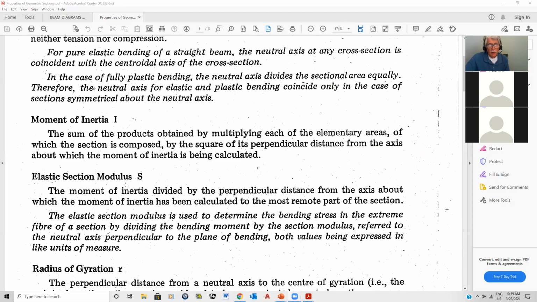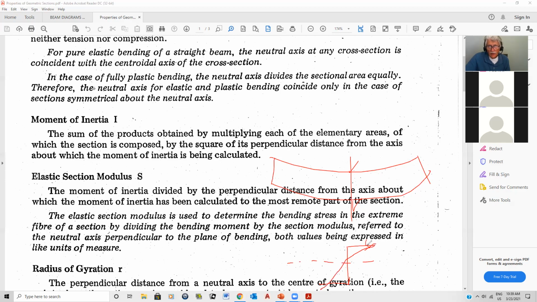And of course, the section modulus is related to the moment of inertia, where you can calculate what the stresses are. For example, if I have a beam that's bending like this, and I want to know what the stress is here in compression and here in tension, well, if I take a cross section across here, it tells me that the stress is highest at this point on the outside of the beam, highest at this point on this side of the beam, and of course at the neutral axis it's going to be 0.